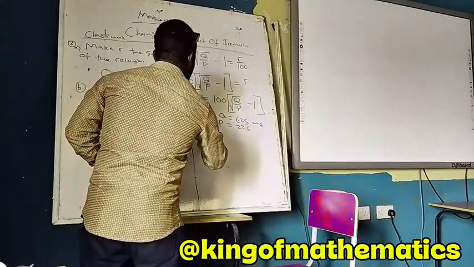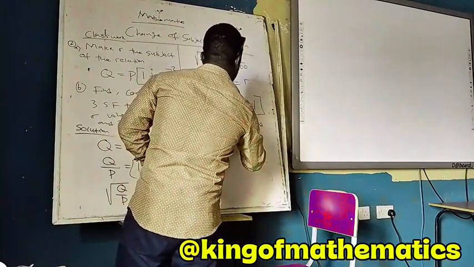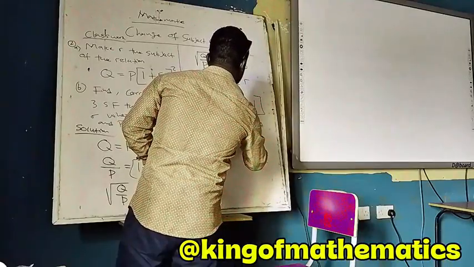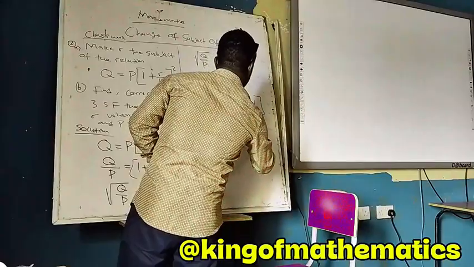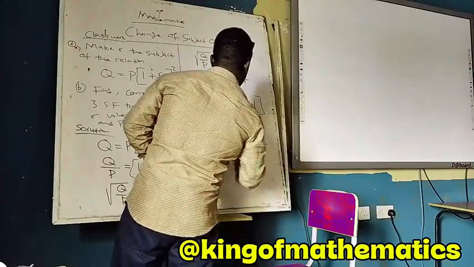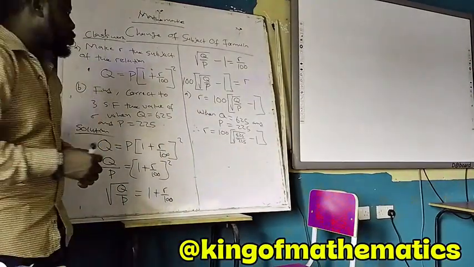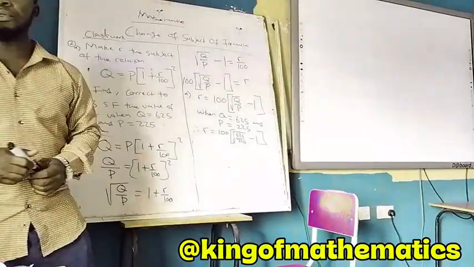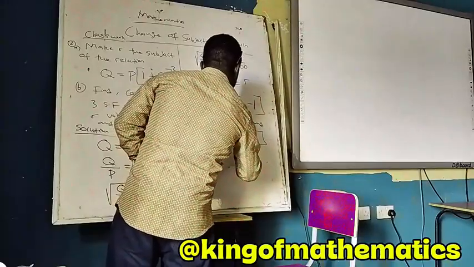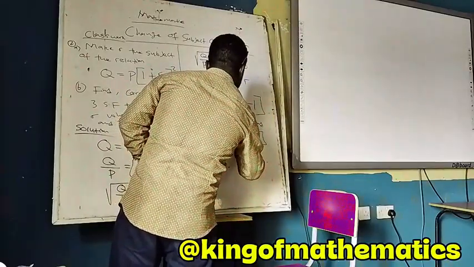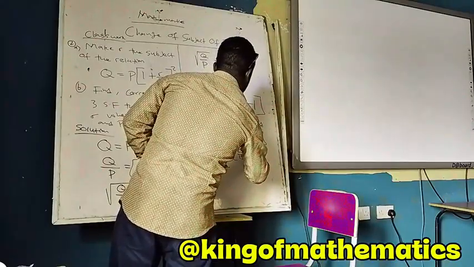Therefore, R is equal to 100 into bracket square root of 625 over 225 minus 1. The square root of 625 is what? 25. And the square root of 225 is what? 15. So we have R is equal to 100 into bracket 25 over 15 minus 1.